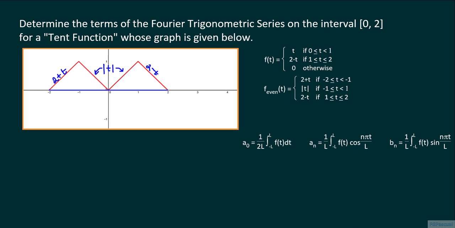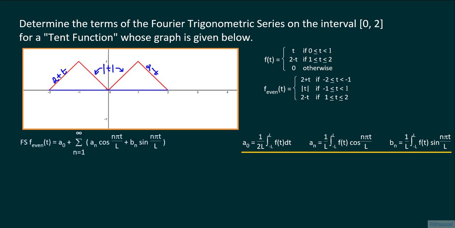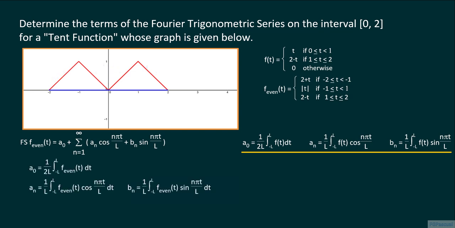Because the domain of f sub even of t is centered at t equals 0, we can use these formulas to calculate the different coefficients for the Fourier series of f sub even of t. We will just have to replace f of t by f sub even of t. For b sub n, f sub even is even, being the even extension of f.